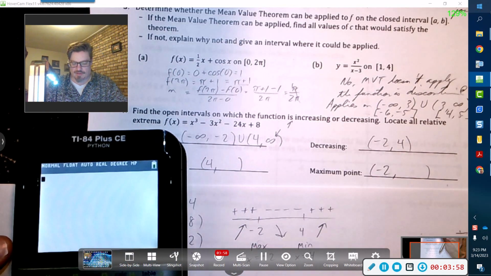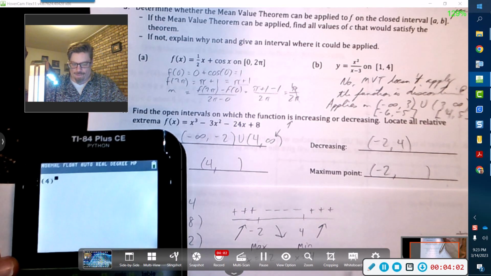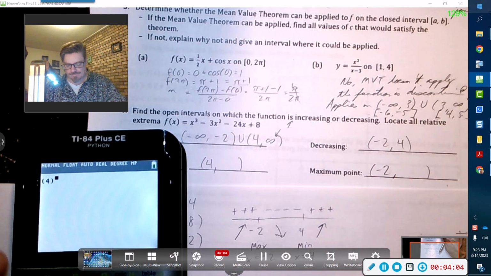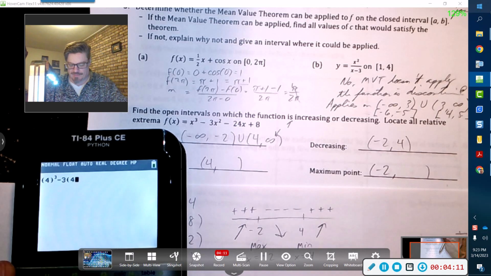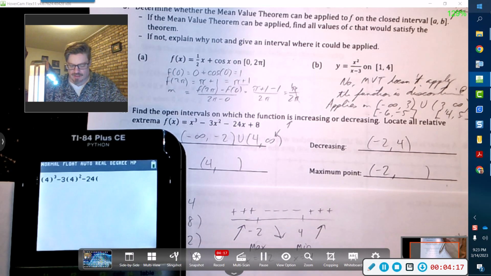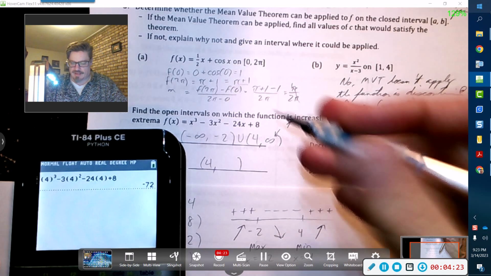We're going to go ahead and do x cubed minus 3x squared minus 24x. I feel like typing on a calculator during the video feels so slow. Okay, is that right? Negative 72.